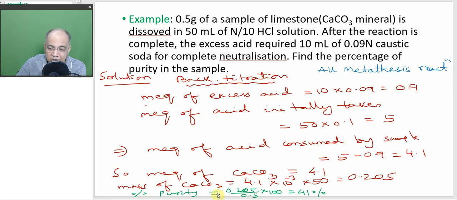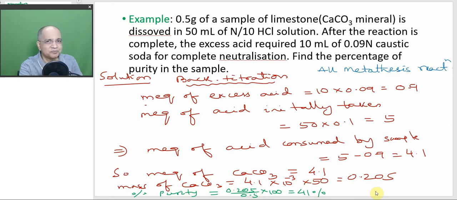The mass of calcium carbonate is 4.1 into 10 to the power minus 3 into equivalent mass of calcium carbonate, which is 50. The n factor is 2, as you know, 50. So it is coming 0.205, and the percentage of purity is 0.205 by 0.5, the impure sample mass, into 100. It's nearly 41% pure, and the rest impurity.